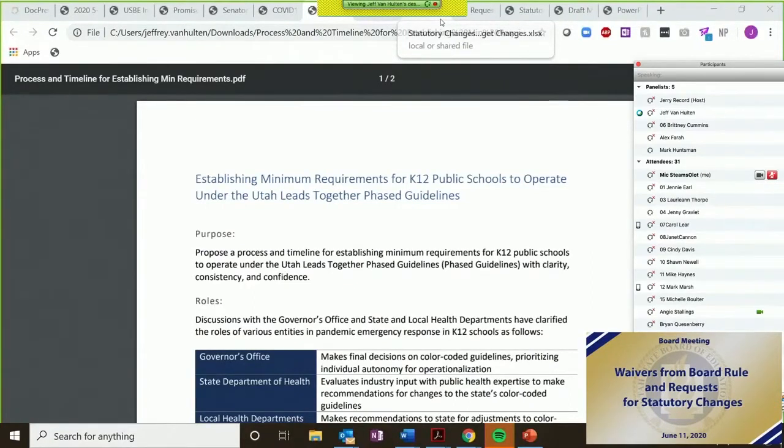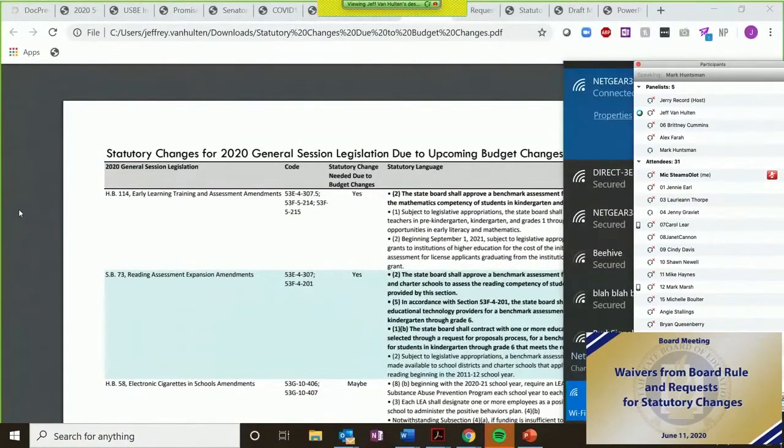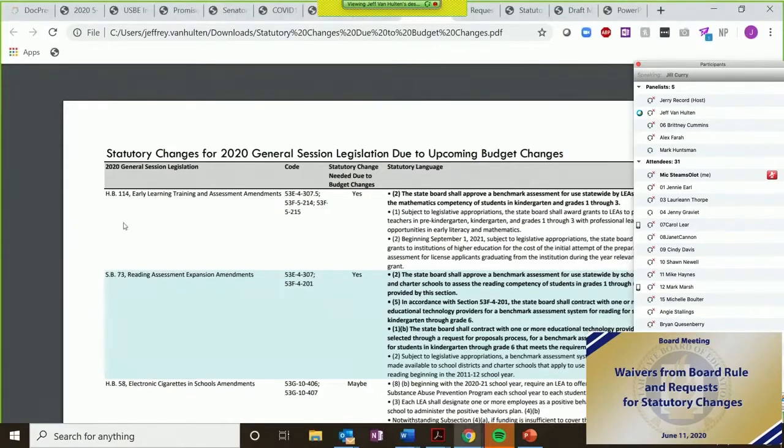Yes, I'm here. Jill Curry, Program Analyst, Utah State Board of Education. Thank you. So I'm going to talk to you about the process I used to identify statutory changes for 2020 general session legislation. Like Angie said, due to anticipated upcoming budget changes, this would be changes due to the elimination of most of the new funds appropriated to public education in the 2020 session.